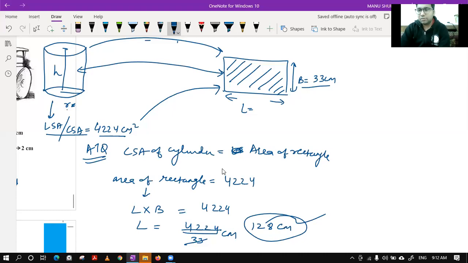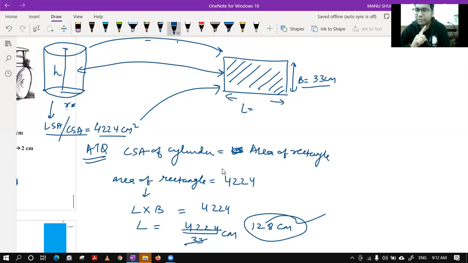This question could have been done in only 3 lines if you used the question together. If you go step by step, then you find the value of the radius, then you understand that this radius will make the circumference, that circumference is equal to the length, and then you find the length. Class, are you getting my point?